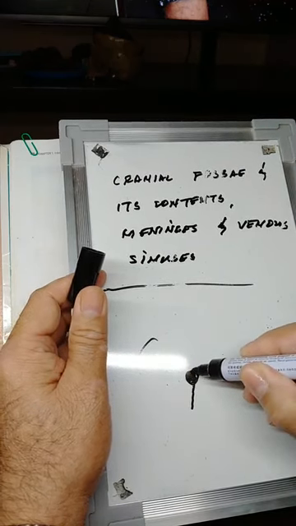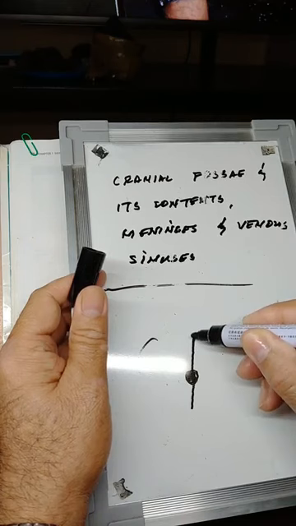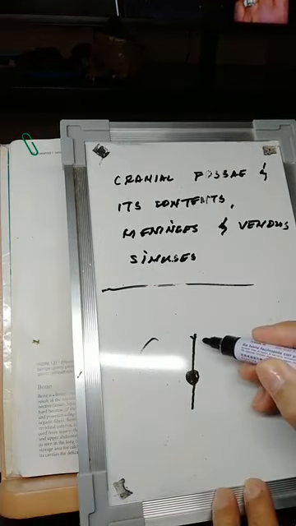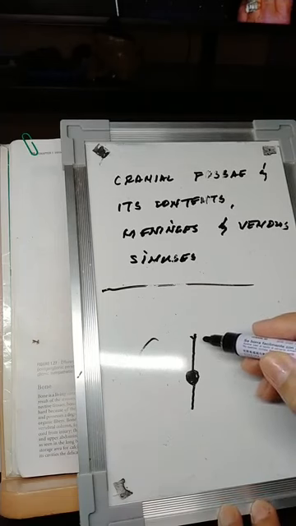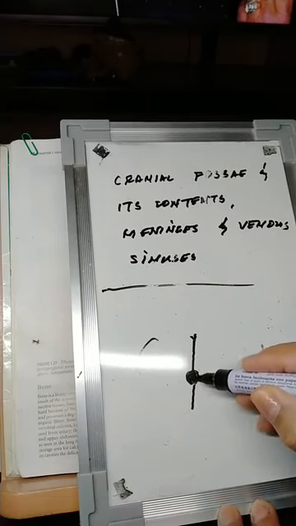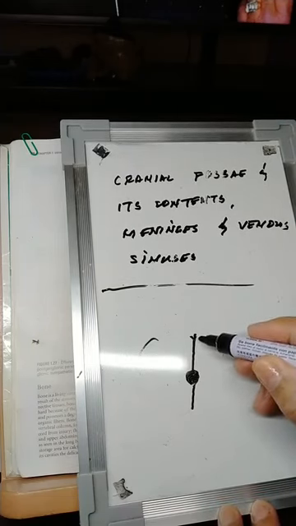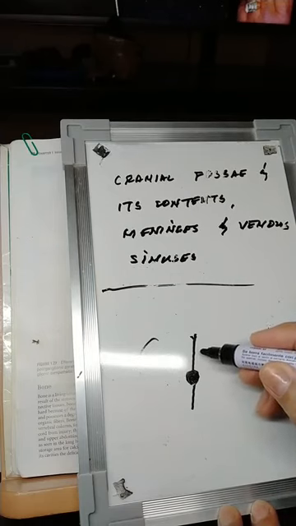If you see this making a letter Y, this refers to the synapse. So this is the body, and this is the synapse formed by the fiber.